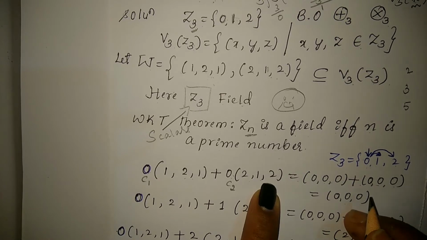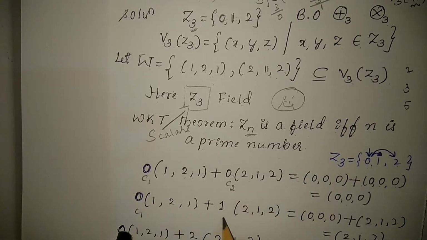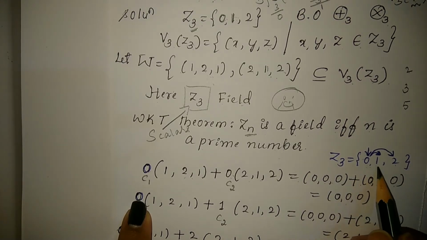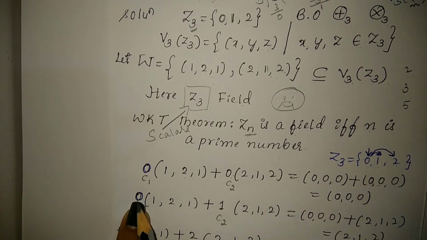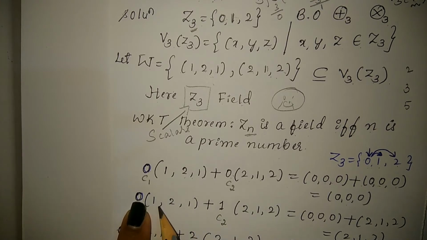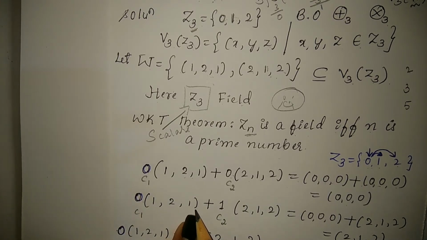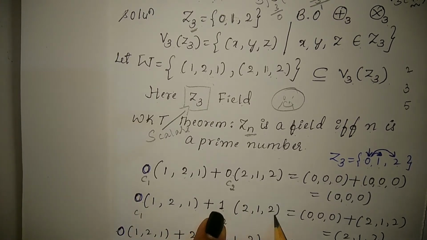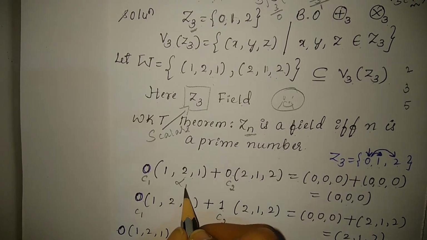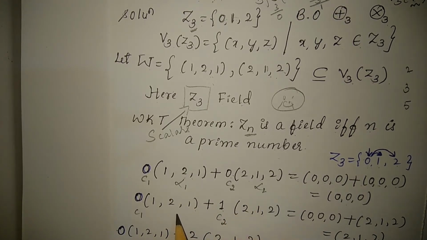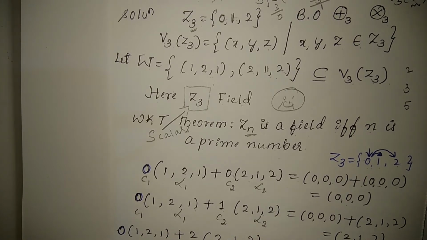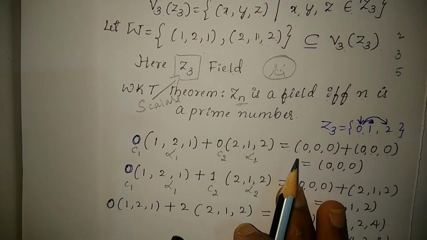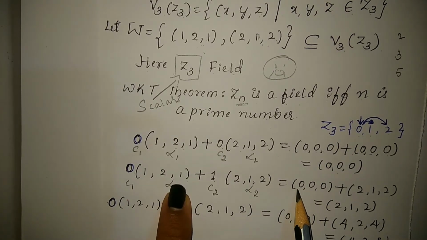Okay. So next, taking the scalars in place of C1 and C2, I am considering 0 with 1. So 0 into (1, 2, 1) plus 1 into (2, 1, 2). That is C1 into alpha 1 plus C2 into alpha 2. Now 0 into anything is 0.